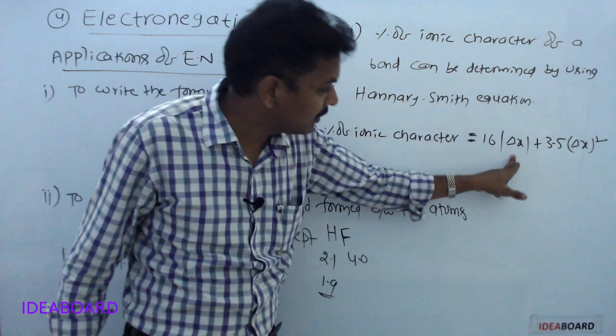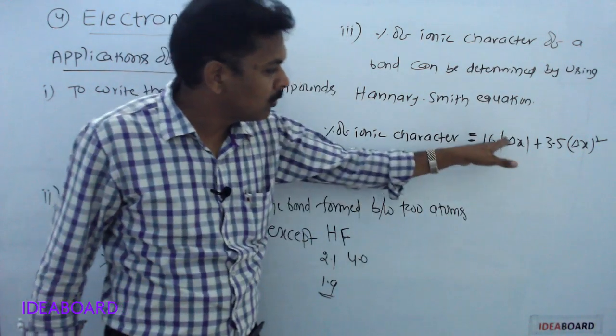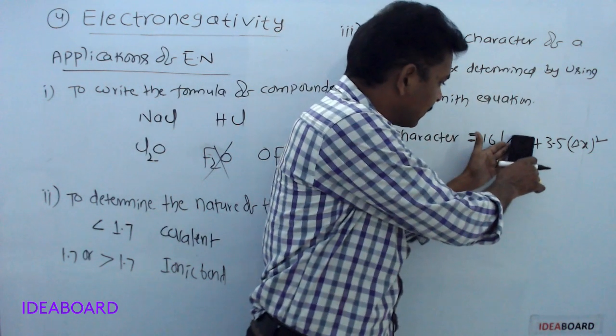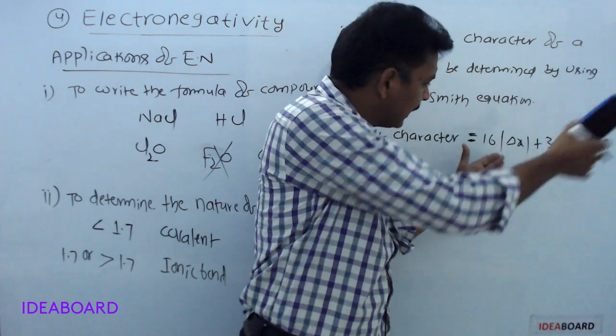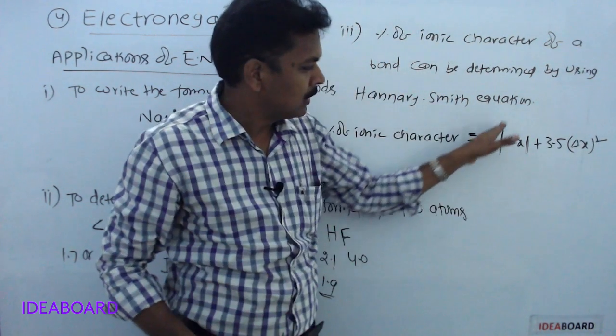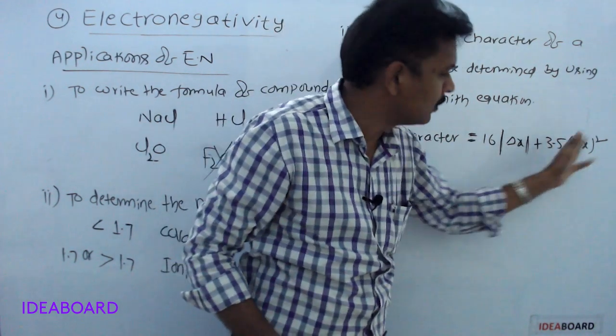This delta x is nothing but the electronegativity difference between two atoms. It may be positive or negative, that's why I have taken modulus. Just the difference: 16 into the electronegativity difference of two atoms plus 3.5 into the electronegativity difference whole square.